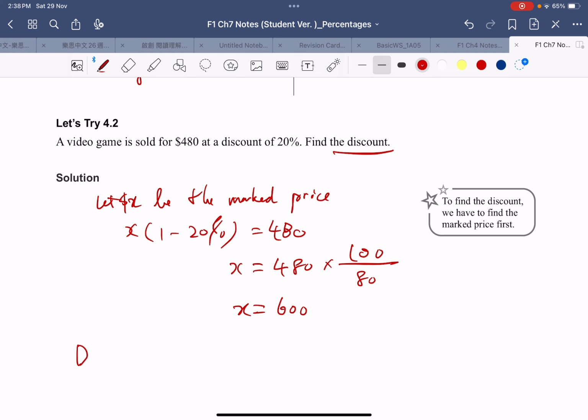And then you are going to calculate the discount, not the market price, right? So the discount will be the market price minus the selling price, and the discount will be 120. Okay, be careful of what's been asked in the question.